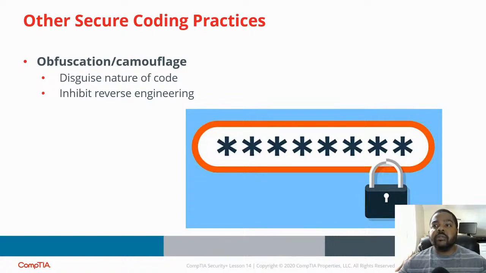You can also use some type of coding practice where we're using obfuscation, which is kind of a big word, but another word for it is just camouflage. A good example is what you see a lot of times with passwords. When you're typing in your passwords, you get these little stars or dots instead of actual letters. But now, for convenience purposes, they have a little eye at the end of the password block, and you can hit that and see what you typed in.